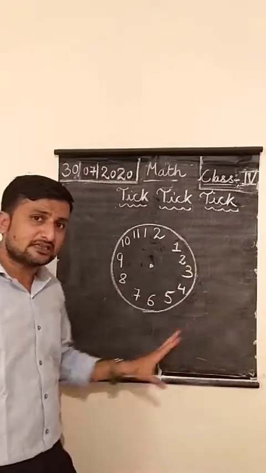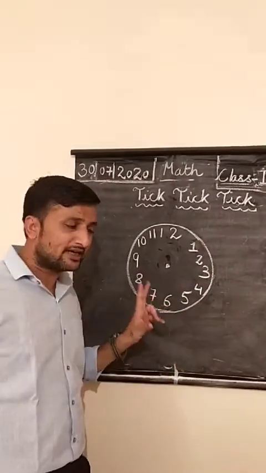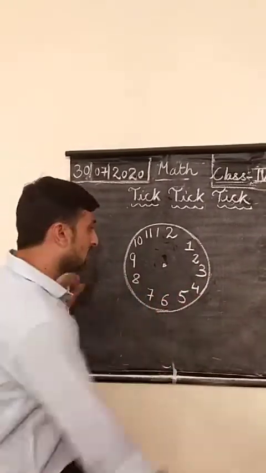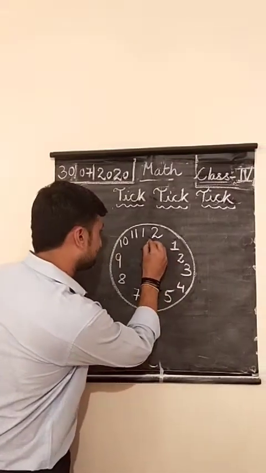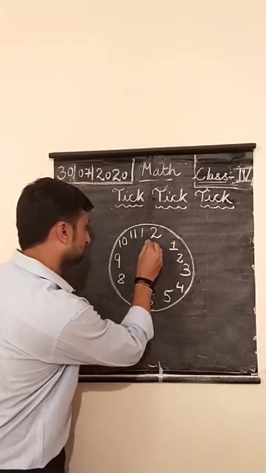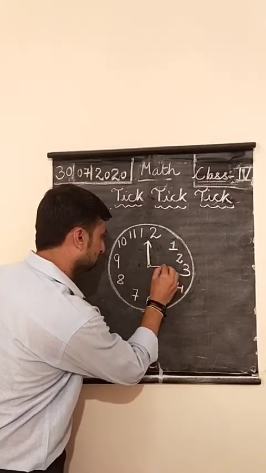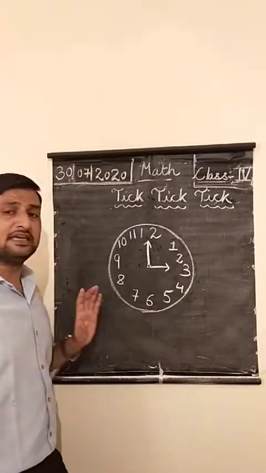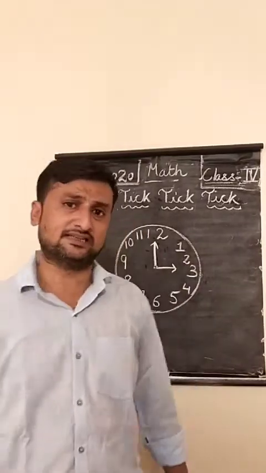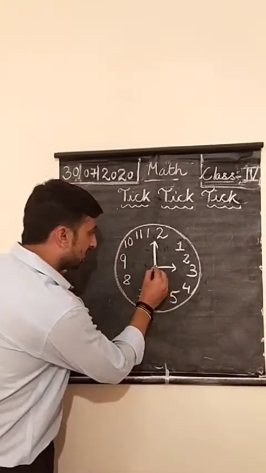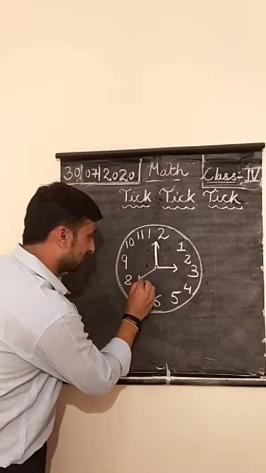Now see, our clock is nearly ready, but it is not ready without the hands. Now I will draw the hands. In our clock, mainly three hands are there.